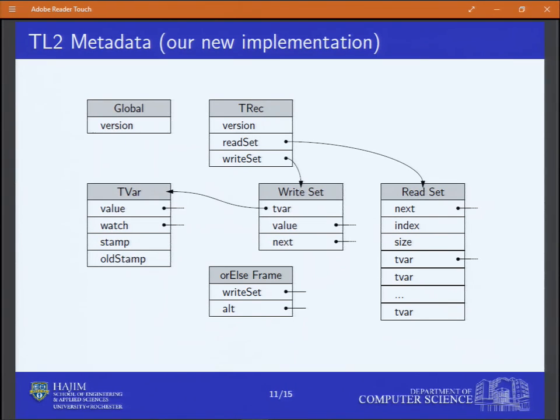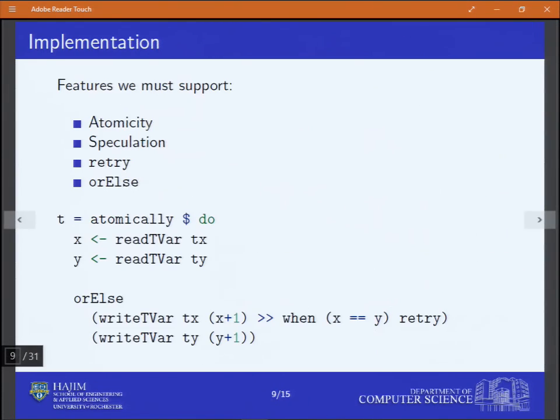So if we encounter, when we're reading, a locked transactional variable, we wait for it to be unlocked and go through this process of trying to see if that locked variable was going to affect anything. This is called timestamp extension, and it's in one of the papers.